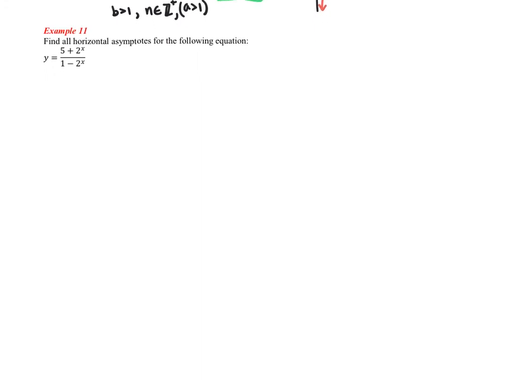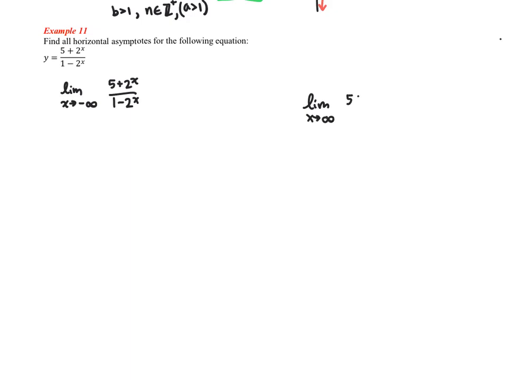So we want to find all horizontal asymptotes for the following function. Now, inferred in this problem is that there might be multiple. And in this case, whenever you see an exponential function, you should consider both ends. So I'm going to consider the left end behavior of (5 plus 2 to the x) over (1 minus 2 to the x), and I'm going to consider the right end behavior of the same function.